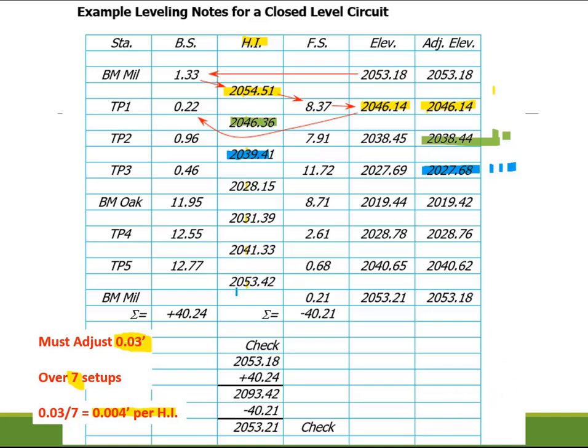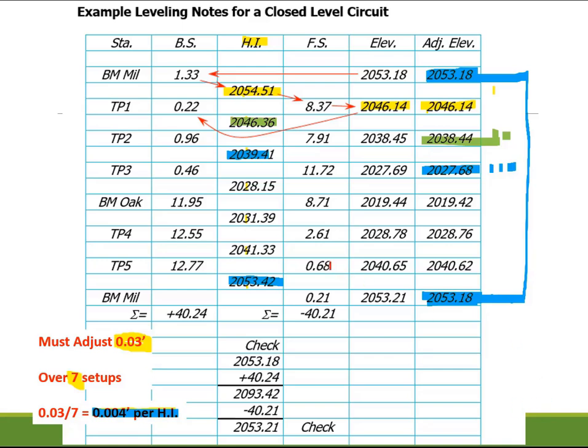Finally, at the last instrument setup, I subtract the adjustment factor for the error, 0.004, 7 times, or effectively subtracting 0.03 from the observed in order to get an adjusted elevation that makes that level circuit closed. Because now my adjusted elevation is equal to my starting elevation, which is a benchmark.